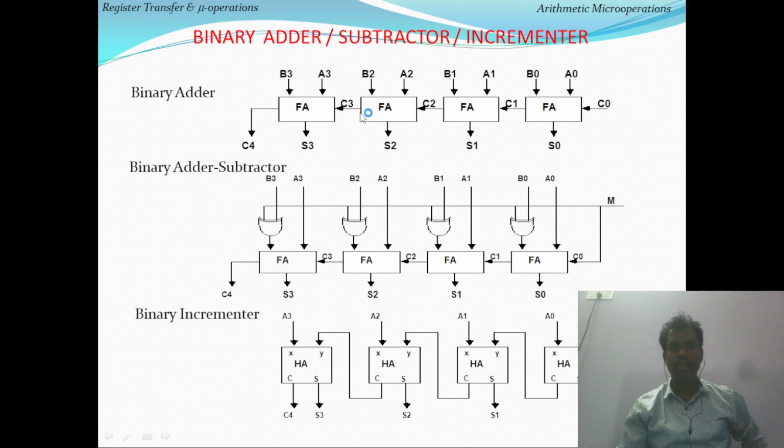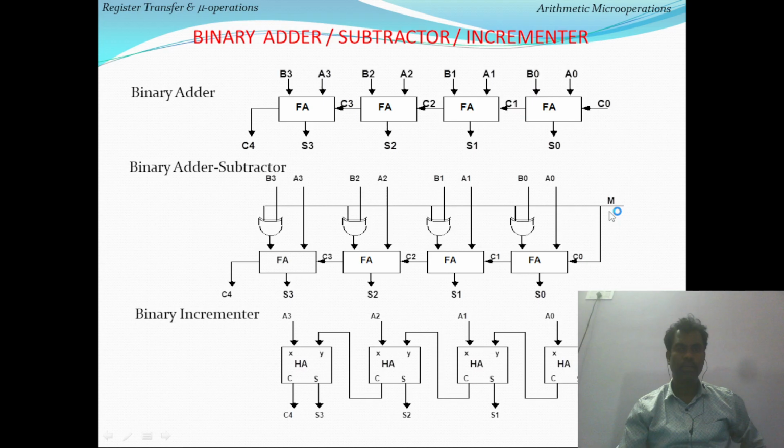The same circuit can be used as a subtractor also. Every second input bit is connected to an XOR gate, and the other input of this XOR gate is connected to the mode bit. When the mode M is 0, 0 XOR the input is the input only, so it will be used as addition: A0 is added with B0, and the XOR just passes B0.